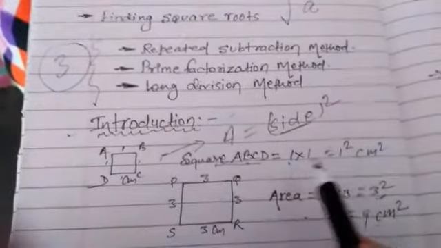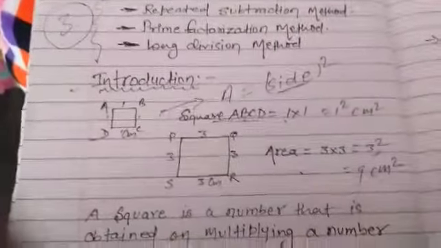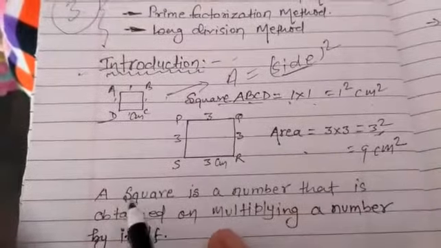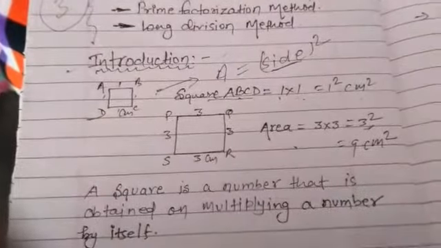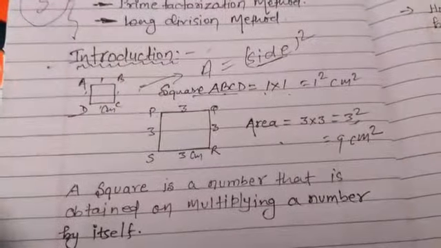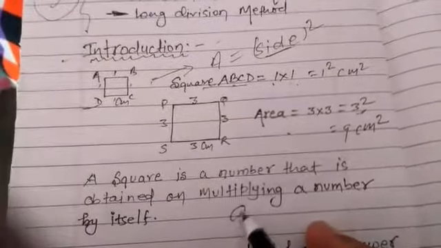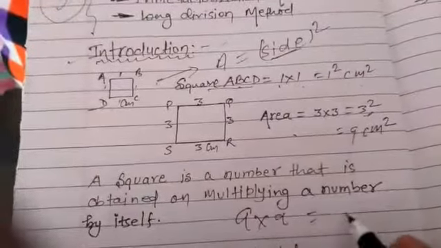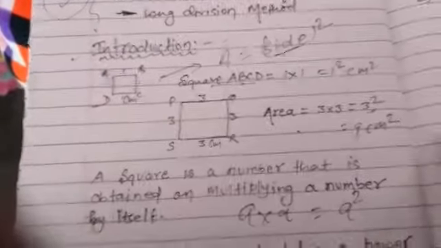Now you already know the word square. So here we can define a square as a number that is obtained on multiplying a number by itself. If a number is multiplied by itself, then the number in exponential form is called the square of the number.